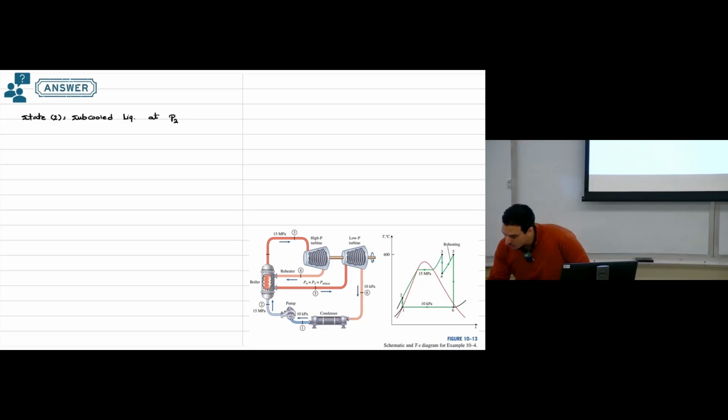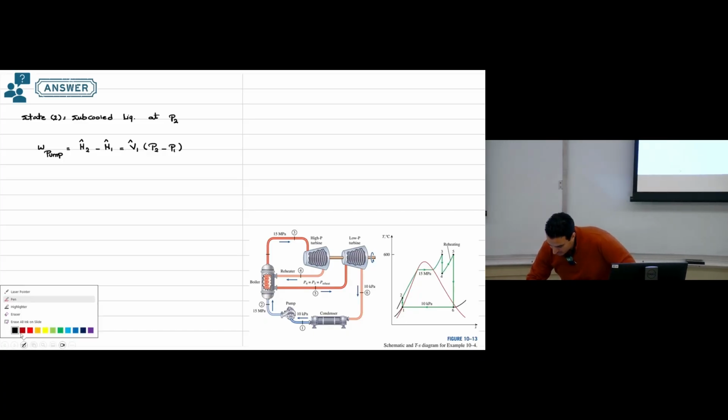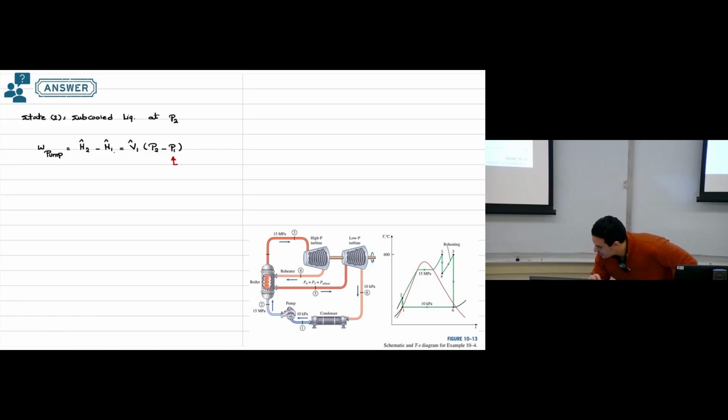We know that we have the equation for the pump work: H2 minus H1 equals specific volume at point number 1 times pressure at point 2 minus pressure at point number 1. So what we have given in this information, I know that at point number 1, the pressure is 10 kilopascal.